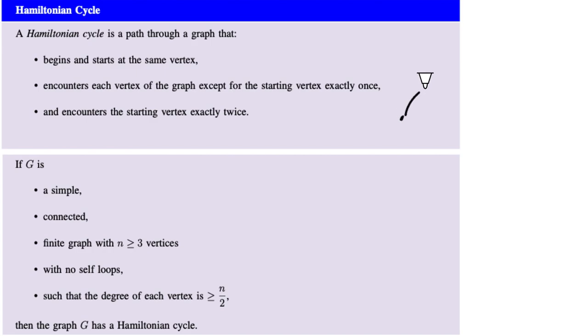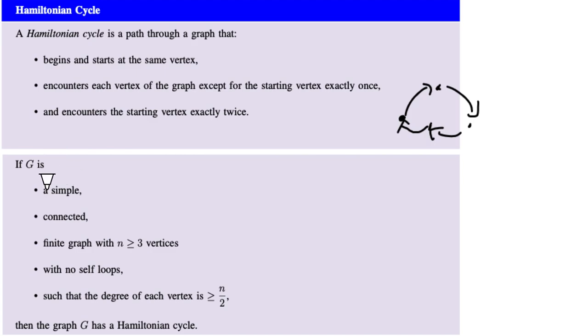It's going to come around and hit each vertex one time. It's not going to go back over here to hit that again, but it's going to hit the one we started at again. We're just twice there and once everywhere else.